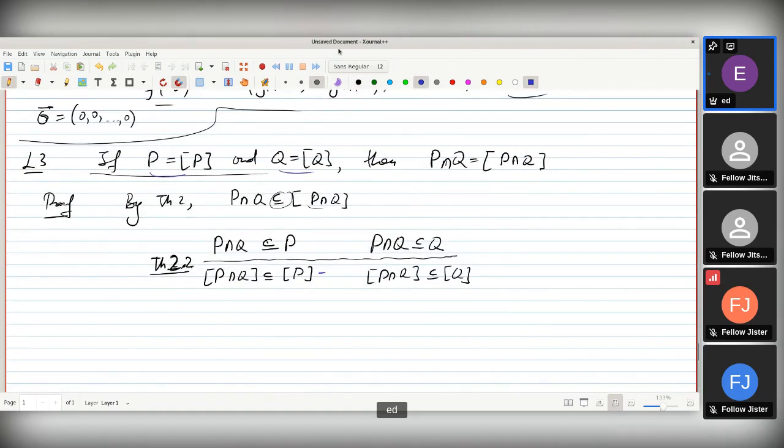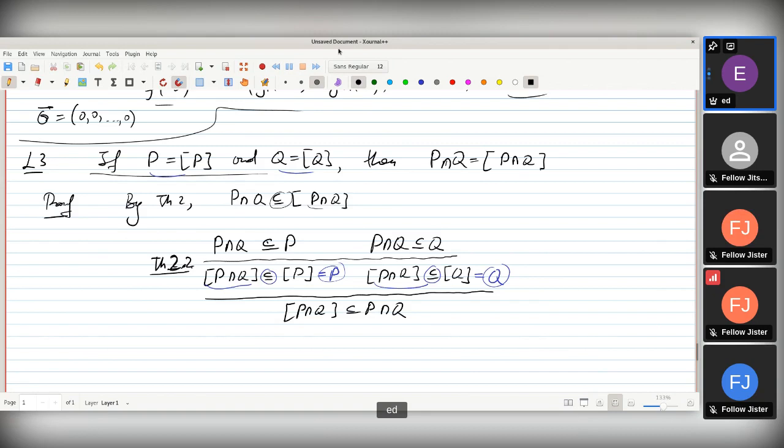That is, this is just P and this is just Q. So we see that the closure of the intersection is included into both P and Q. But if something is included into two sets, it is necessarily included into the intersection. That's all. A very neat, nice, easy algebraic argument based on theorem 2. So the intersection of two closed sets is always closed.